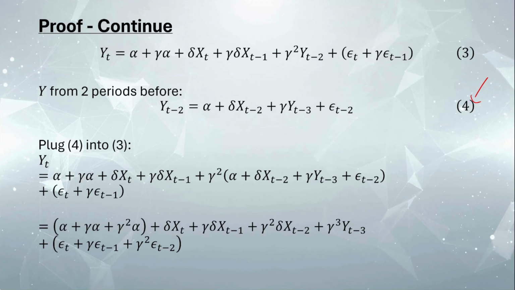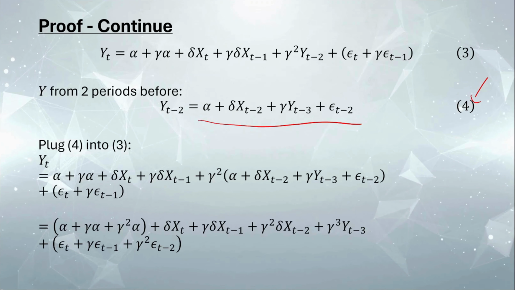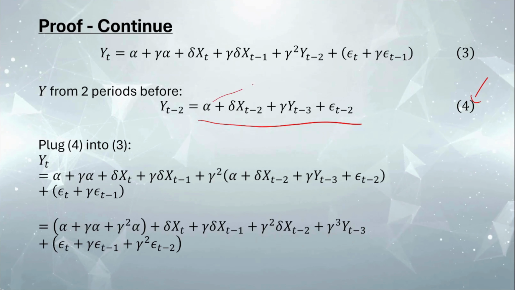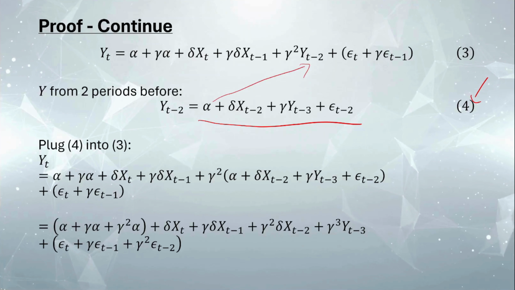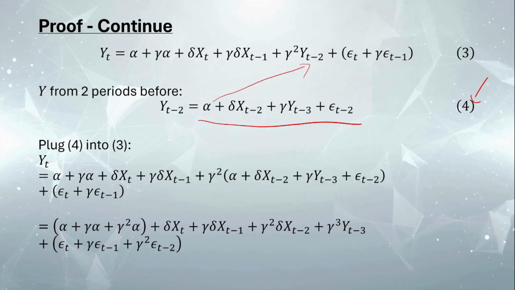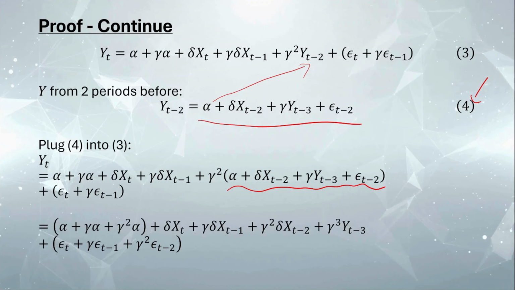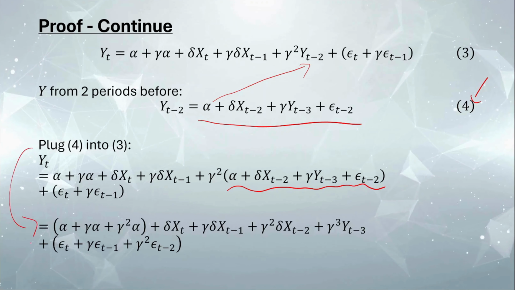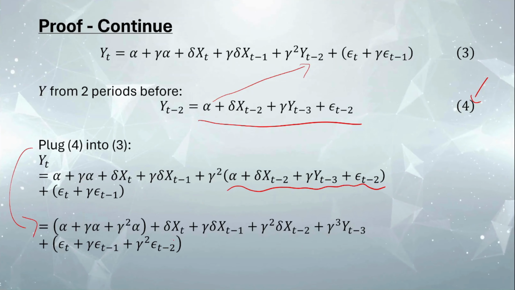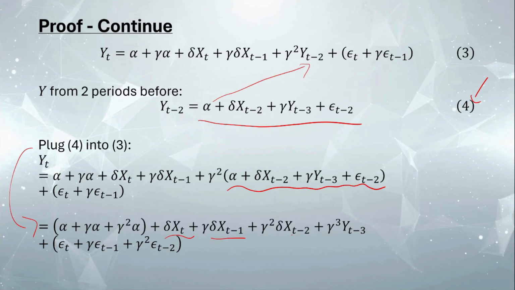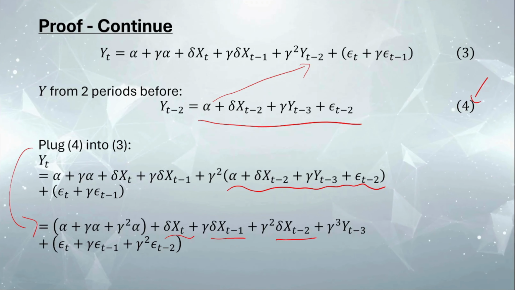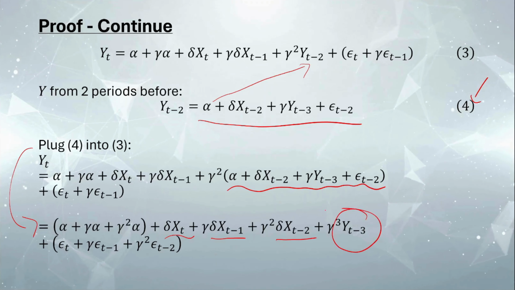So then what we do is we plug this back into the remaining lag of y. So by plugging it into that, we get this, and then we get this. So now you can see, right? We have xt minus 1, xt minus 2. Now we still have yt minus 3.